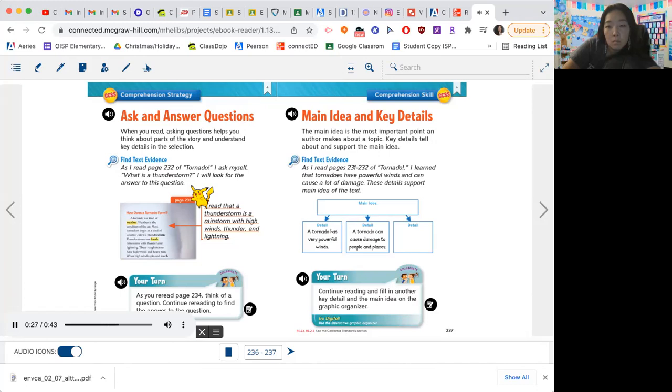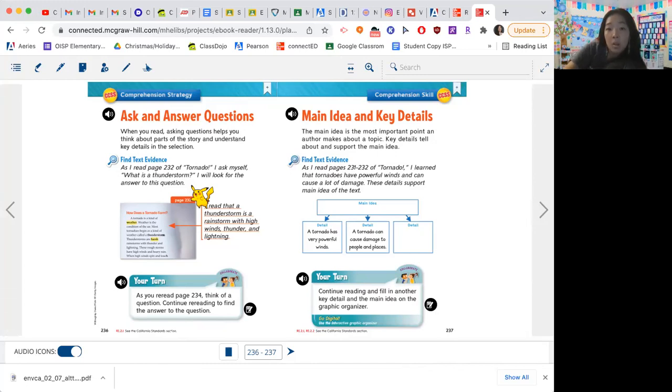These details support the main idea of the text. Graphic organizer. Detail. A tornado has very powerful winds. Detail. A tornado can cause damage to people and places. So those are both details on tornadoes. So the main idea is all about tornadoes. And then you can give details about what you've learned about them.